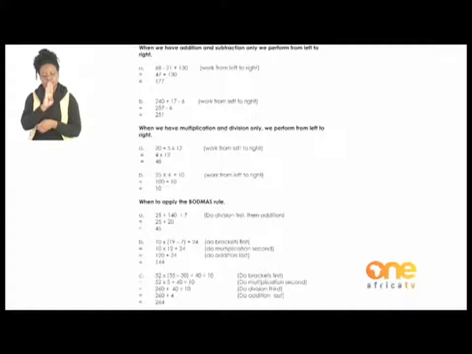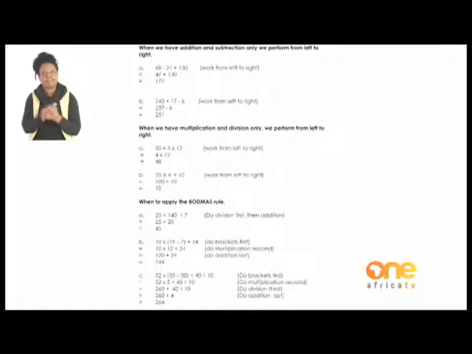Let's try example B: 240 plus 17 minus 6. In this example we will see the plus is before the minus. Remember what we said, they are like brother and sister. The one that comes first, that one we do first, working from left to right.